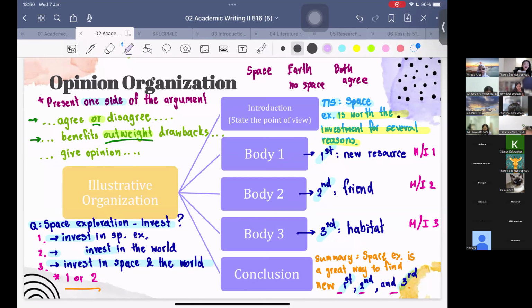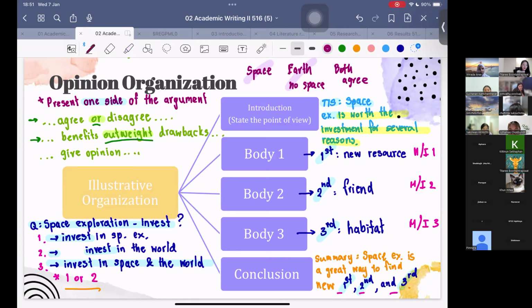However, to make it easy to write and to make your writing look strong, normally we would suggest you choose between this or this. Answer the question by focusing on, yes, I think we should go for space exploration, or no, we should not go for space exploration.